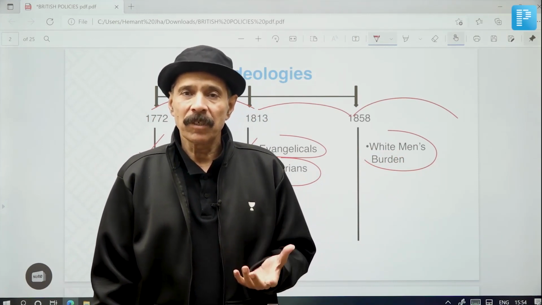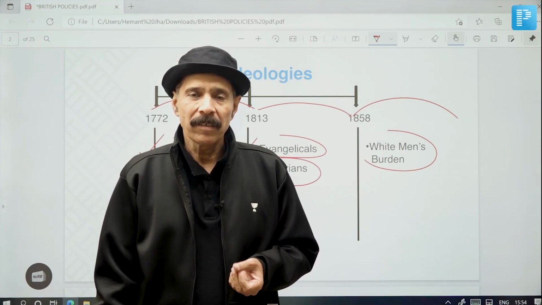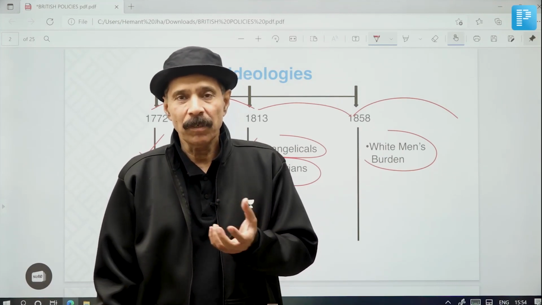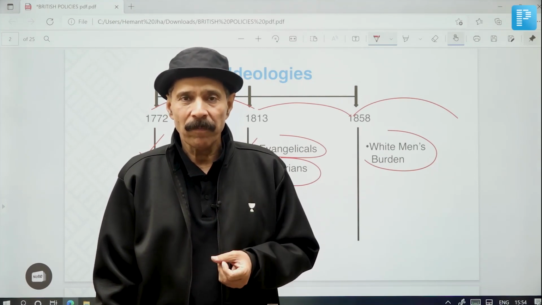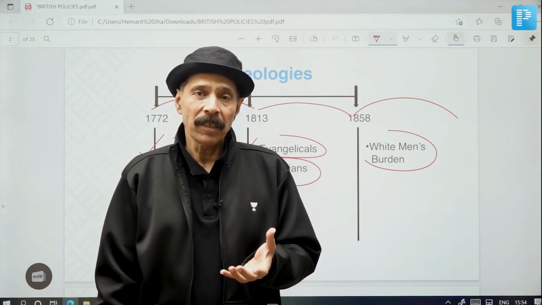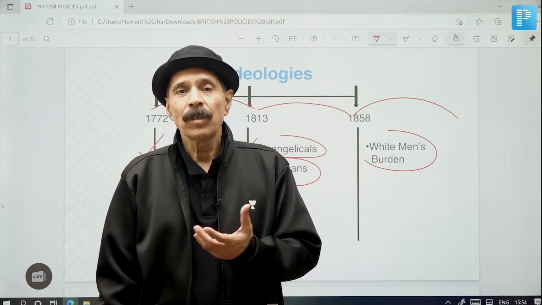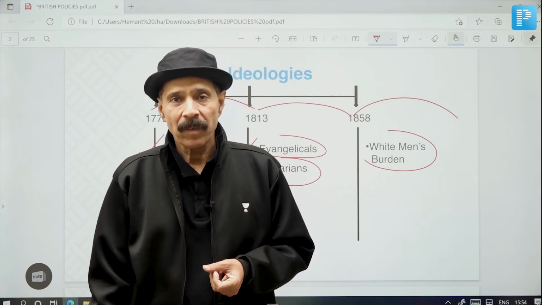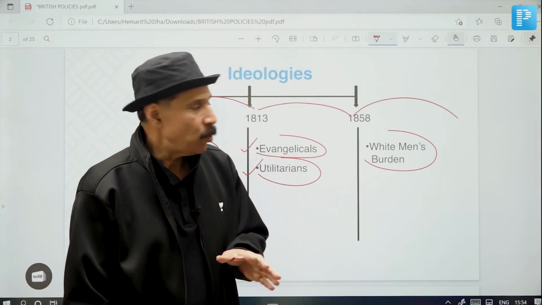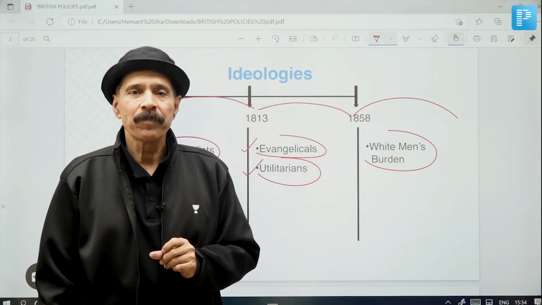The British declared themselves trustees of India, and they claimed that they were following a paternalistic approach towards Indian people. They claimed that their basic motive in India was to develop India and to civilize Indian society. This ideology became dominant from 1858 onwards.